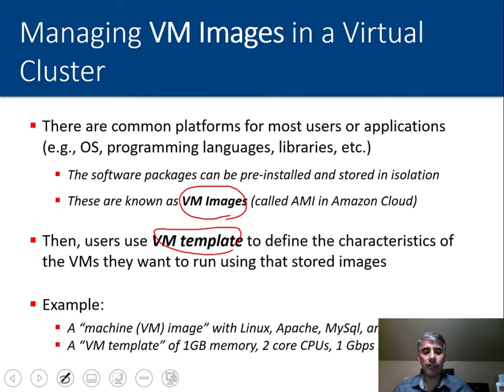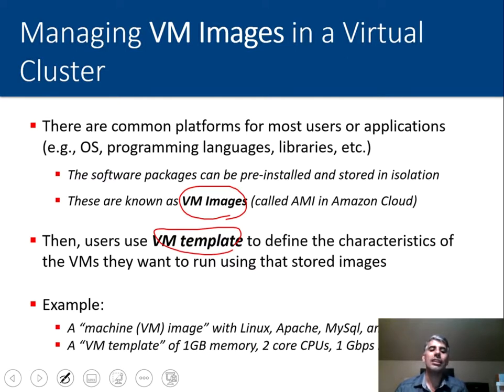However, we have a VM template that tells the hypervisor what type of VM, what type of resources to be requested for this VM that is going to be created. So, for example, we may require one gigabyte of memory, 2 cores of CPU, and 1 gigabit per second of network. Next time, I may create a VM template with 4 gigabytes of memory and 4 cores, and let's say 10 gigabit per second network.